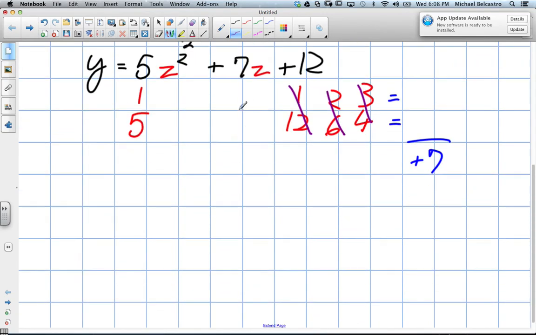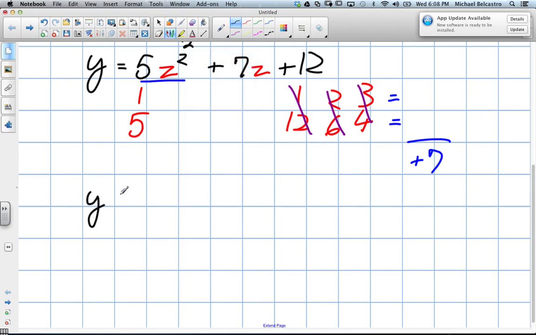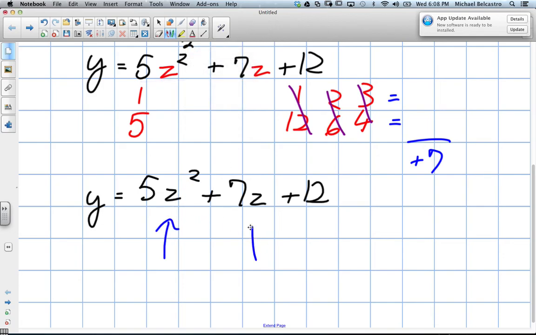So now when I look at this, specifically the first 2 terms, I'm going to rewrite it again all in black. y equals 5z squared plus 7z plus 12. Let's take a look here. In the first 2 terms, can you find a common factor? z. Yeah, we can take z out. So of just the first 2 terms, we're going to divide both by z.